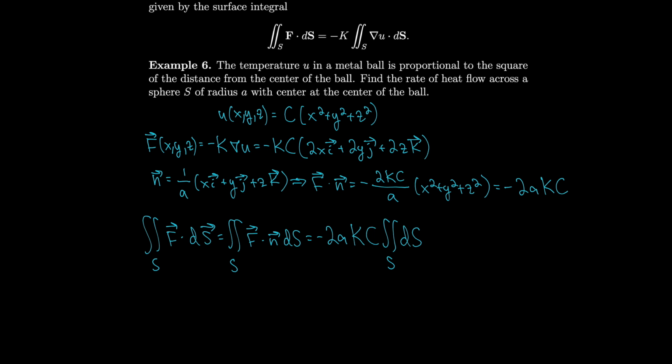So this is just going to be minus 2a KC times the area of our surface. But the surface area of a sphere is 4 pi r squared, so this will be 4 pi a squared. So that's just minus 8 KC times pi a cubed.